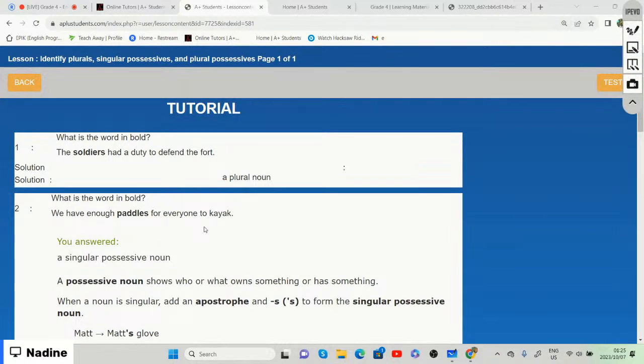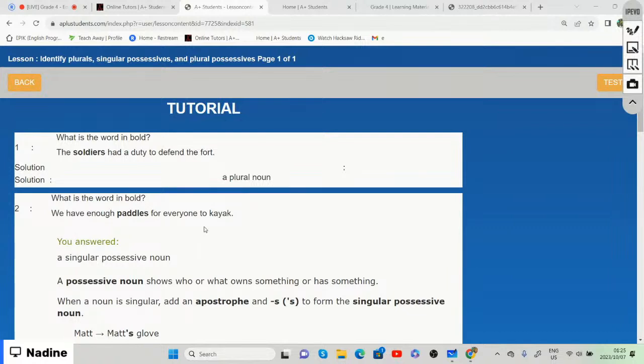Or remember we said that if there is no apostrophe and S, or no apostrophe at all, then it only refers to it being a plural noun. It only shows that it is more than one, but it is not a possessive noun.